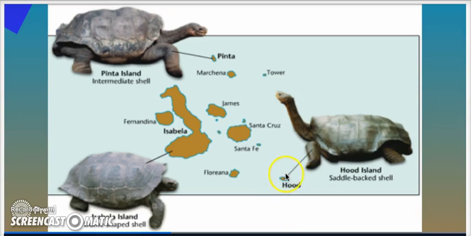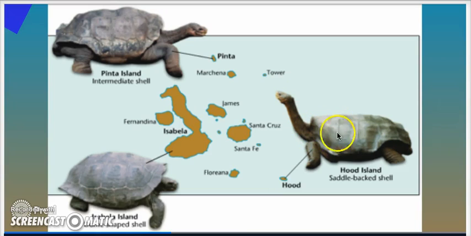This was one of the smaller islands, so there wasn't a lot of vegetation, and the only food he could eat was up higher on bushes. So over time, the saddleback tortoise developed this shell with an indentation that allowed him to crane his neck.